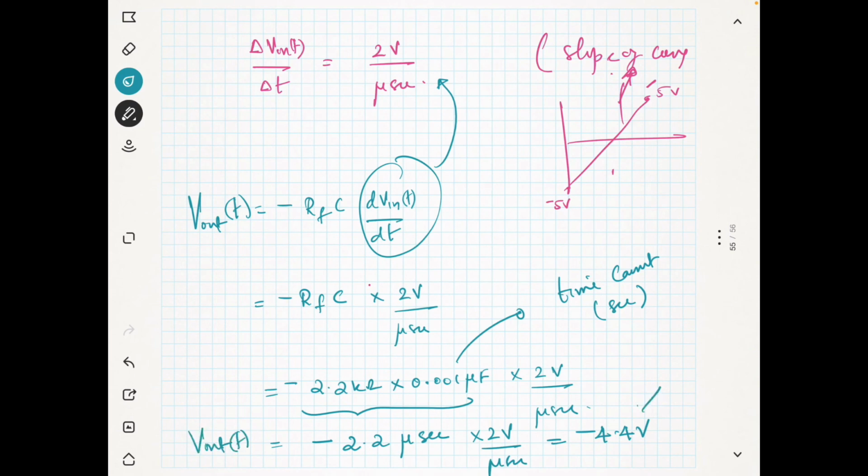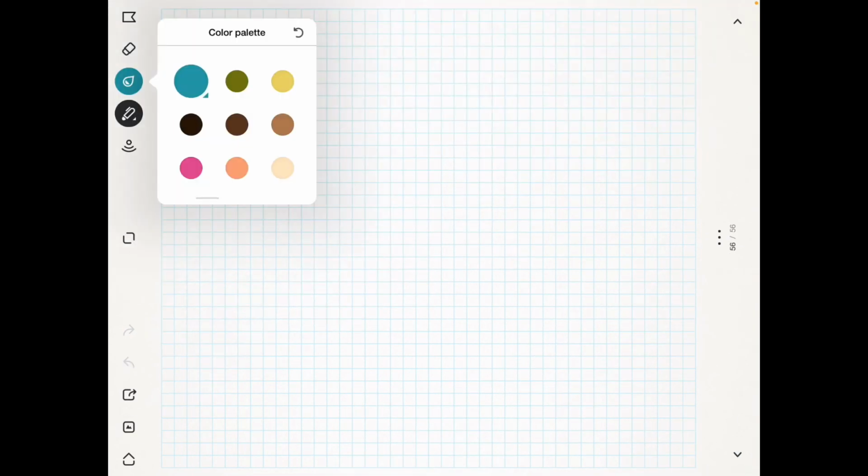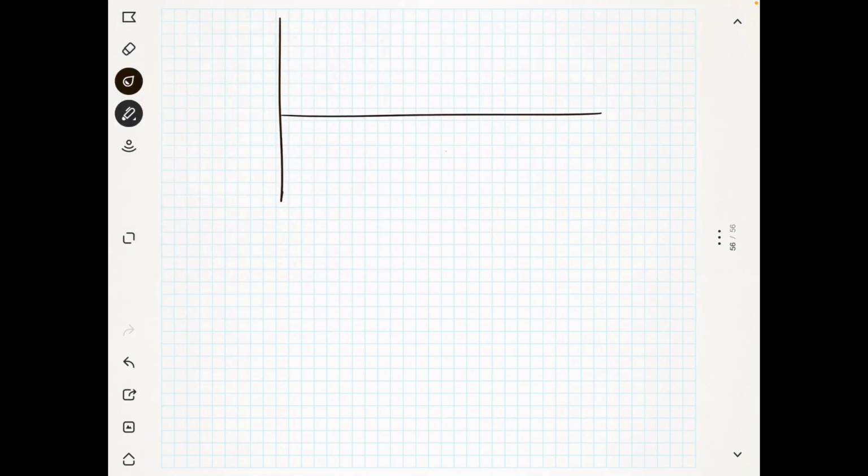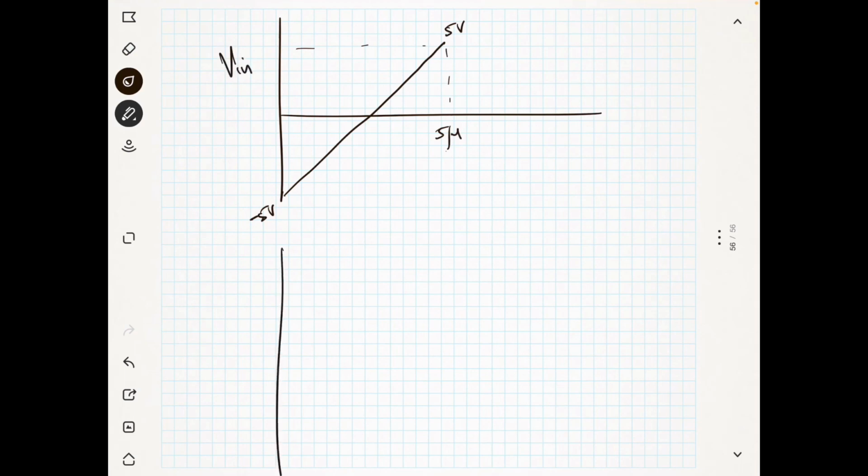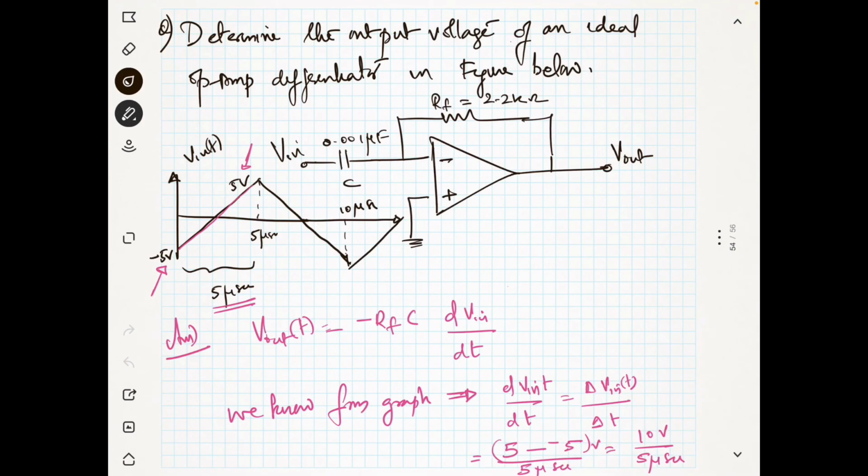This is a constant anyway, some number. So what I am saying is, when the input is changing from minus 5 volt to 5 volt, this is the maximum, in 5 microseconds, the output is negative, because your input is actually given to the inverting terminal.